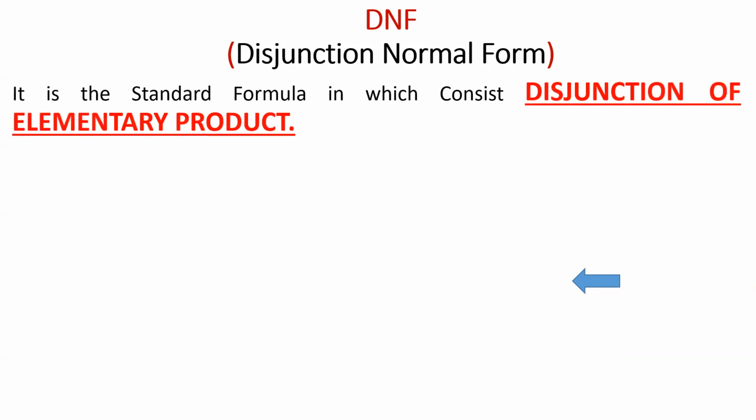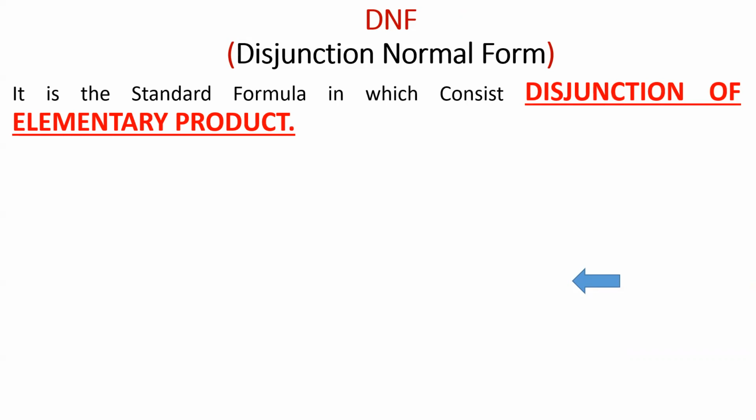Now once you get the elementary product and elementary sum, we'll move towards defining the DNF and CNF forms. Here DNF means disjunction normal form. Now see the simple definition. To define DNF, we are taking the reference of elementary product.